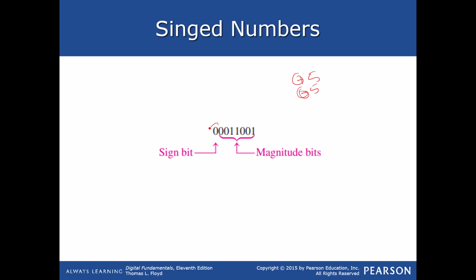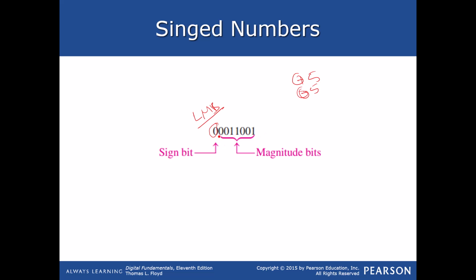Instead, we're going to use 1 bit, the leftmost bit, or the most significant bit, to indicate whether the number is positive or negative.